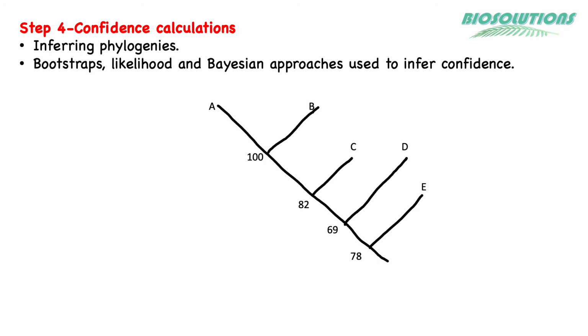Bootstrap values are often shown on a phylogenetic tree. Here in this diagram, a value of 100 shows high confidence for the branch B, whereas a bootstrap value of 69 depicts less confidence for the branch D. Greater than 80% or 90% bootstrap support can sometimes be shown as an asterisk.